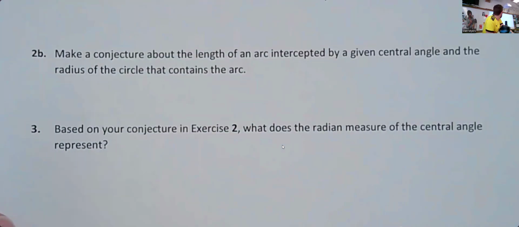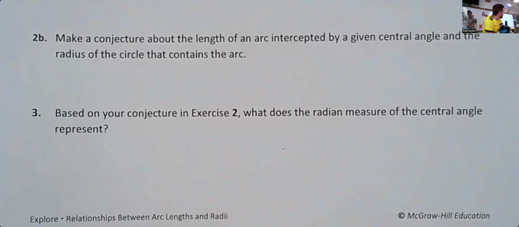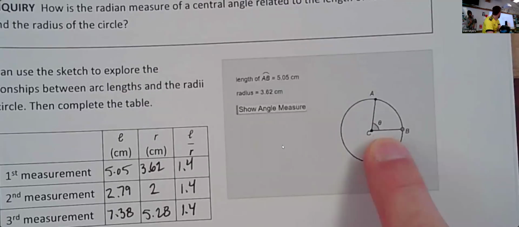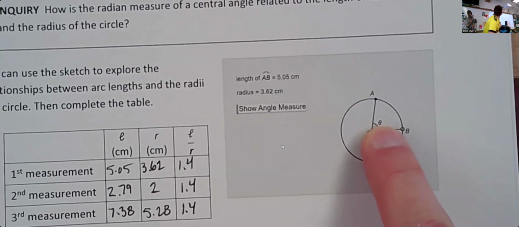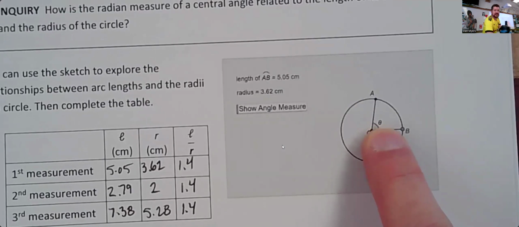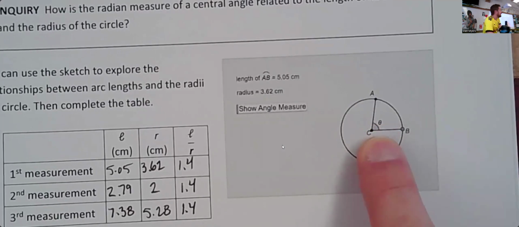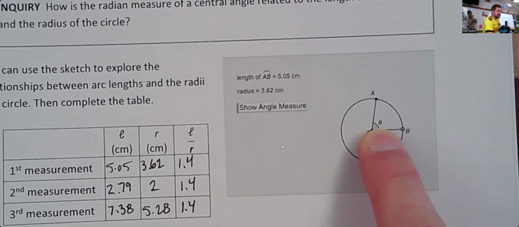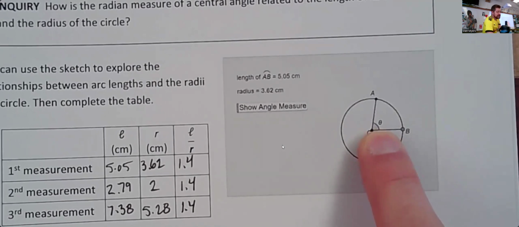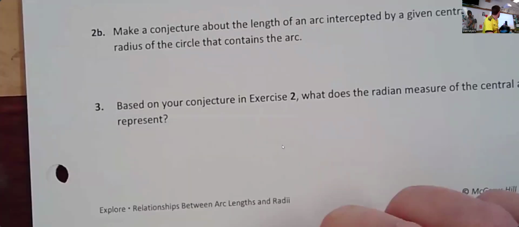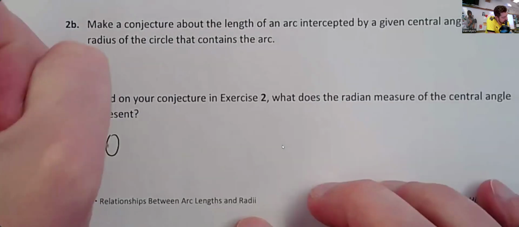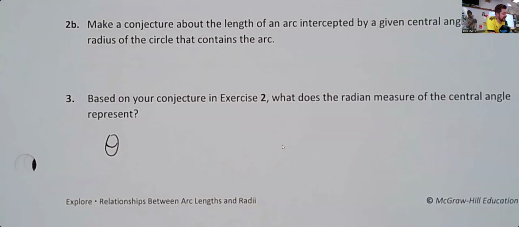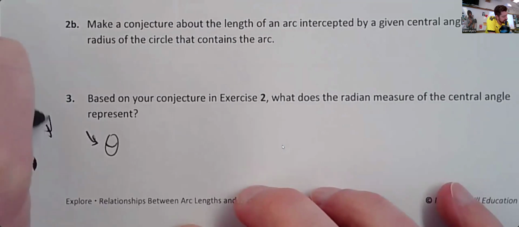Based on your conjecture and exercise 2, what does the radian measure of the central angle represent? So, by the way, radian is an interesting word. It's like radius. A radian is given by this symbol here. This symbol is known as theta.